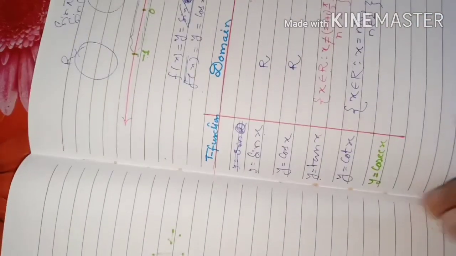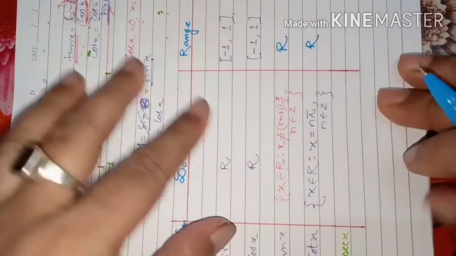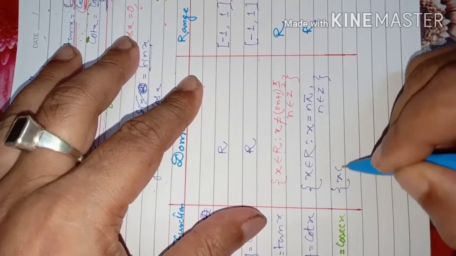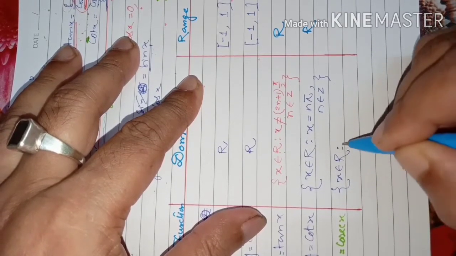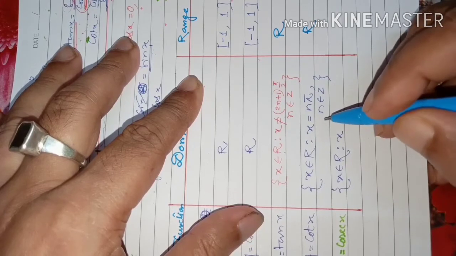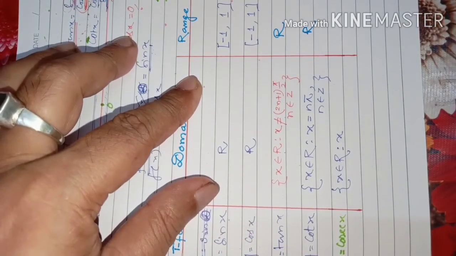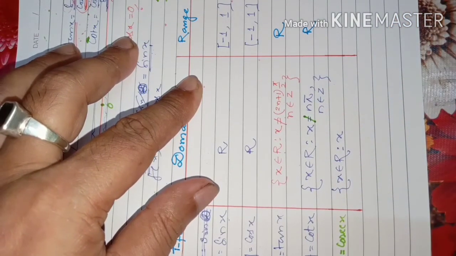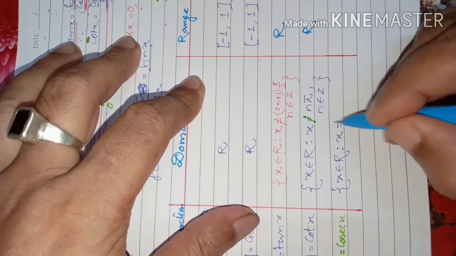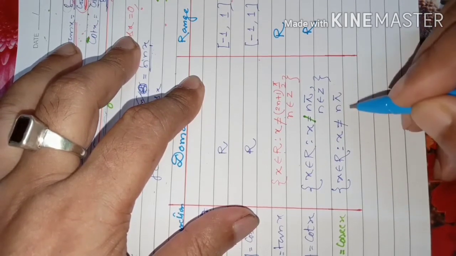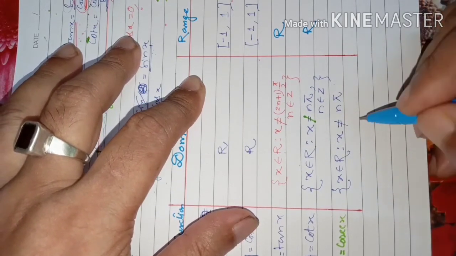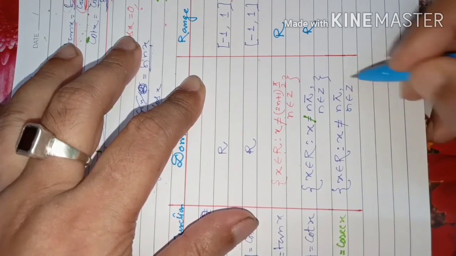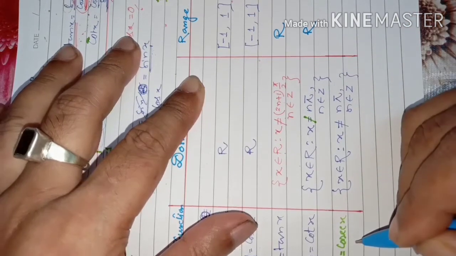That means our domain for cosec function will be x belongs to the real number set such that x is not equal to n pi. Understood, dear students? Where n represents an integer. This is the domain of cosec function.